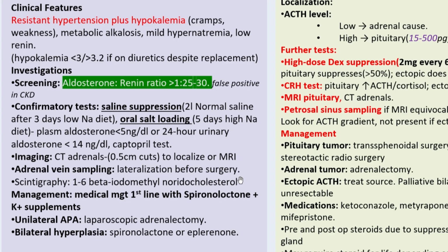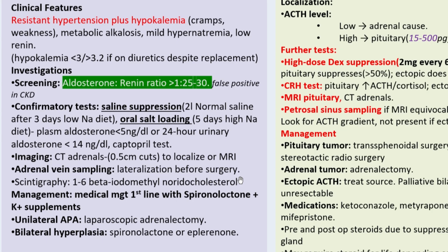And when the cortisol aldosterone ratio on one side is 4 times or more greater than the one on the other side, then you can conclude that the side that has the higher ratio is the one that is having the adenoma.